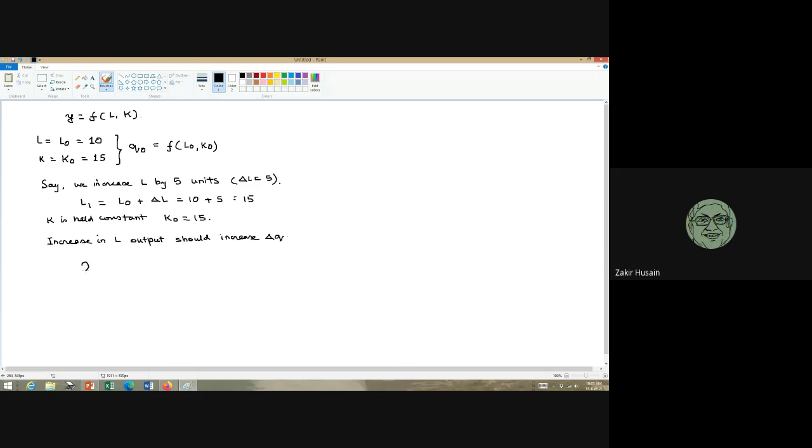Okay. So now we come to the definition. We have changed one variable, keeping the others constant. So it is partial derivative, del Q by del L. This is defined as, okay, so I have taken L to be 5 units, but actually del L should tend to 0.